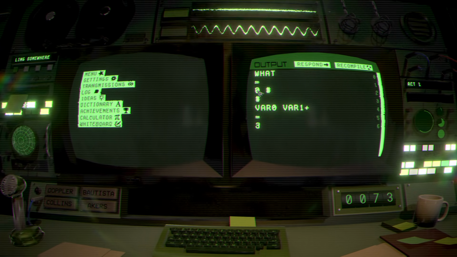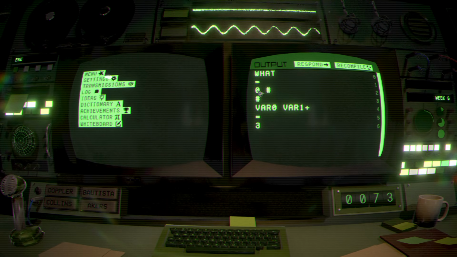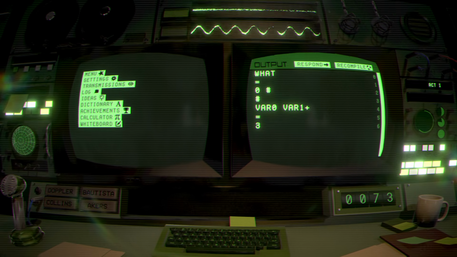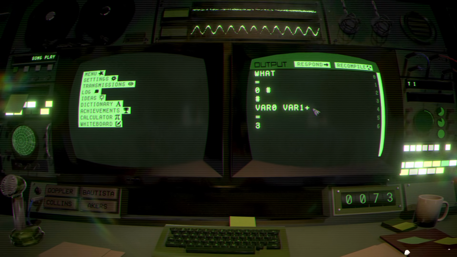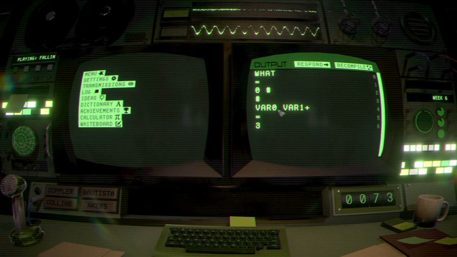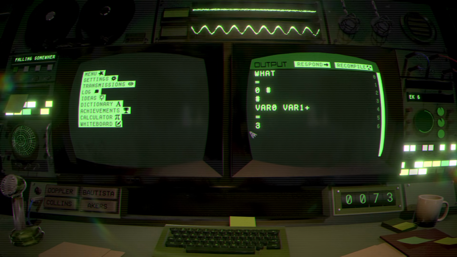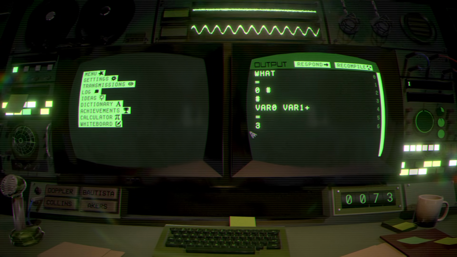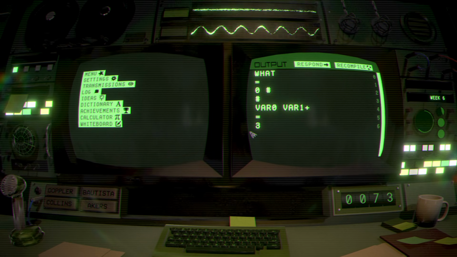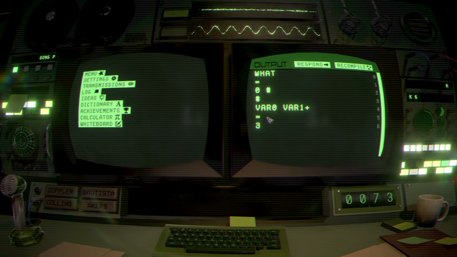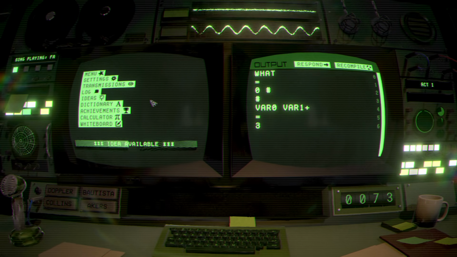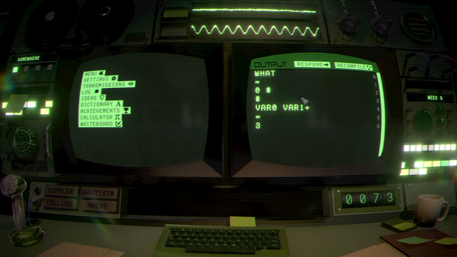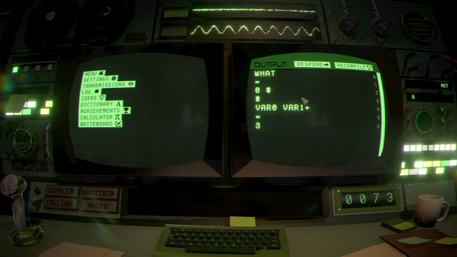Maybe that's what it is. So what equals 0? Oh, I see. So variable 1 plus variable 0 equals 3. I might need an idea for this. Let me think it through for a second. The variable 0 plus variable 1 equals 3.